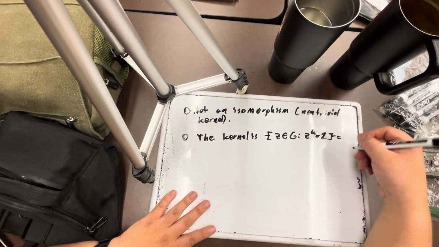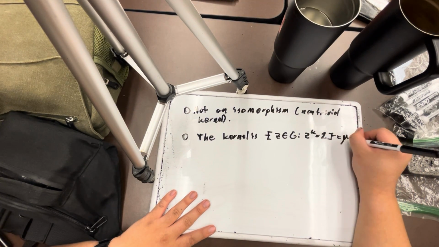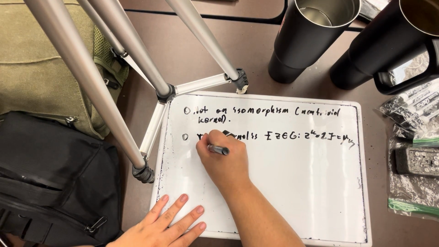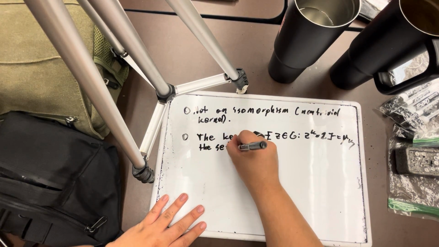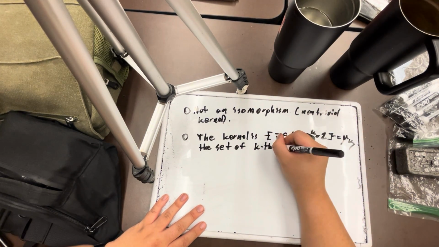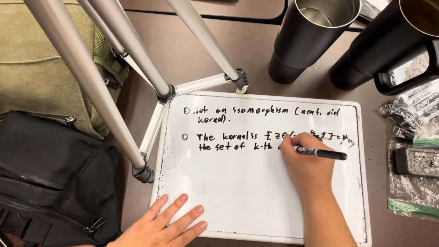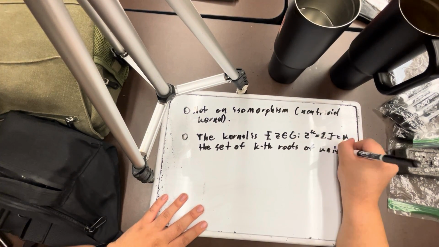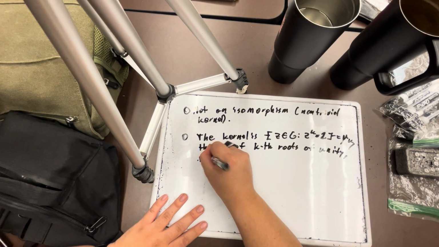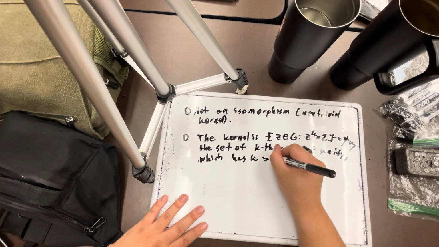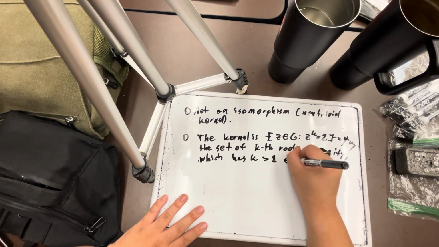And this is actually equal to mu sub K, the set of kth roots of unity, which has k elements, with k being greater than 1.